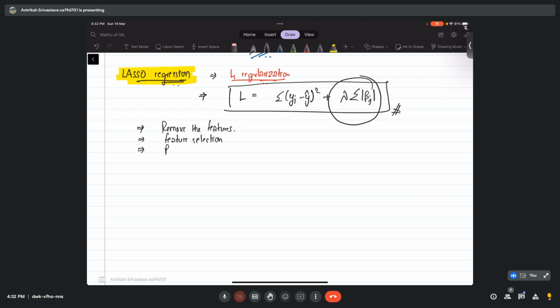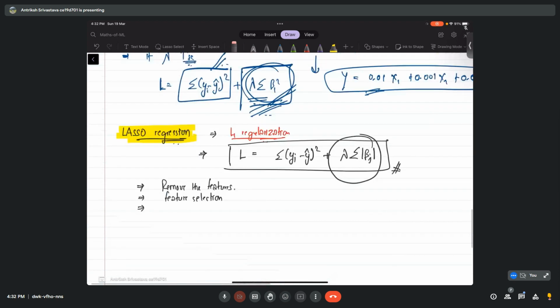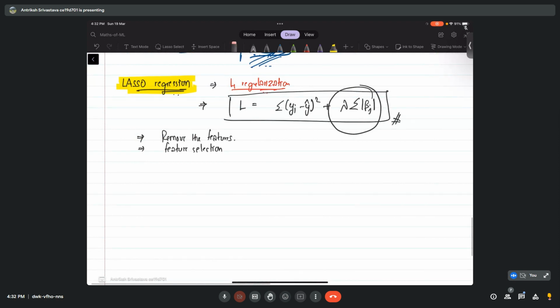Remove overfitting, that part can be done by our ridge regression also. But when we say remove features, what do we mean by remove features? When we have an equation like this, the end equation is going to be the same for all these methods.